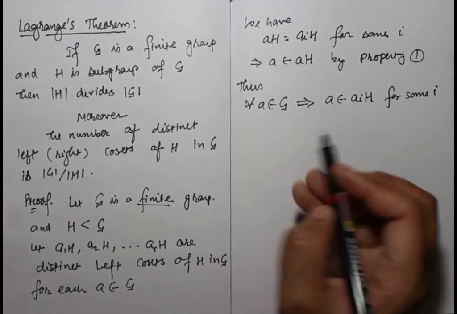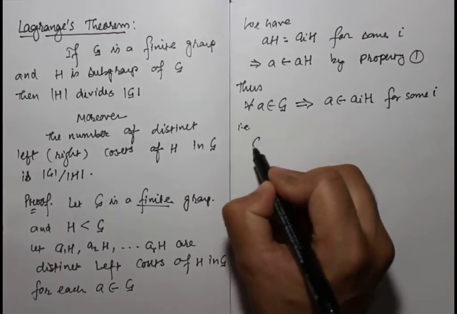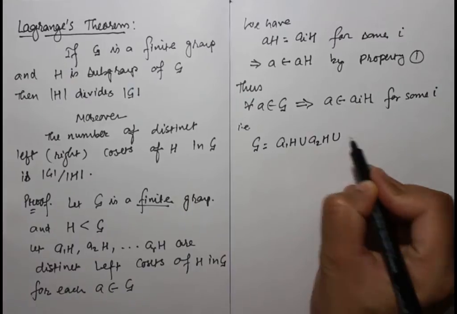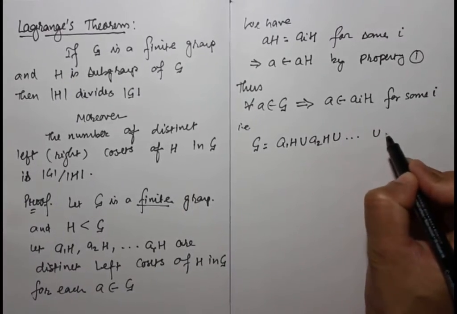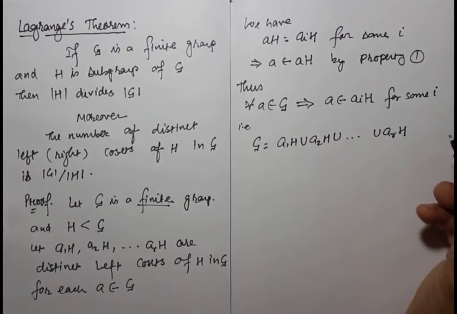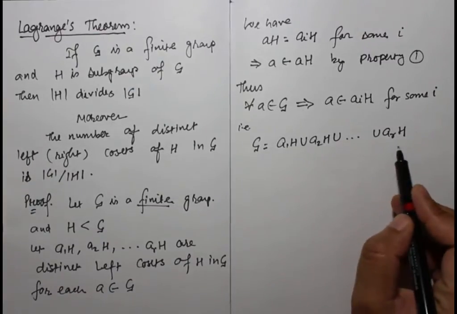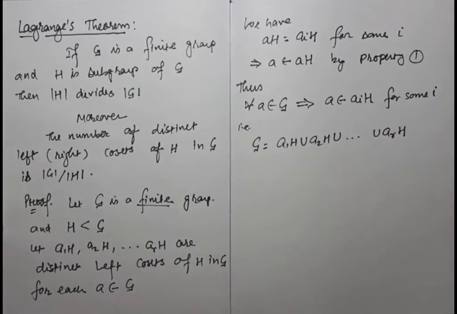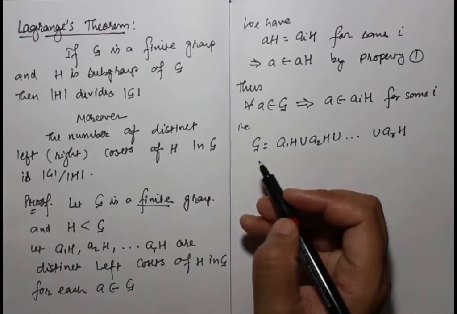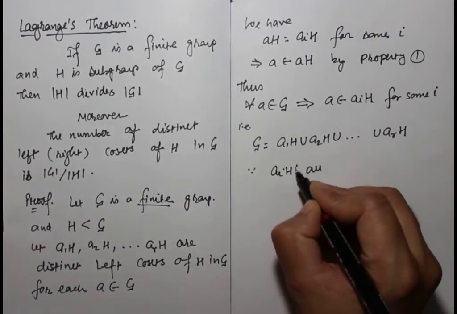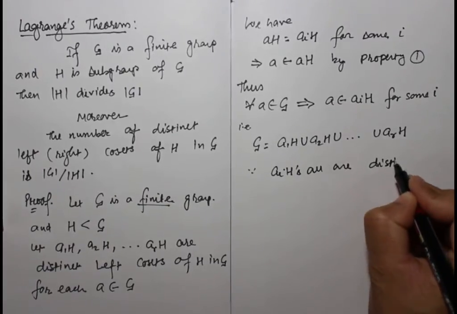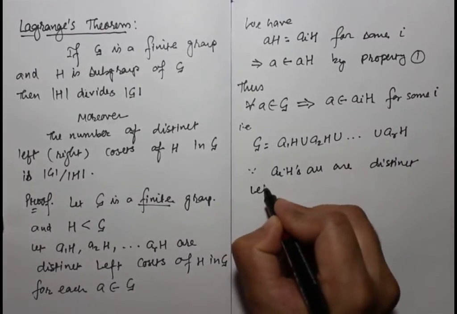So we can write that G can be written as A1H union A2H union and so on union ARH. A1H, A2H and so on ARH are distinct left cosets, which is given here. We already assume this. The AIH are all distinct left cosets.